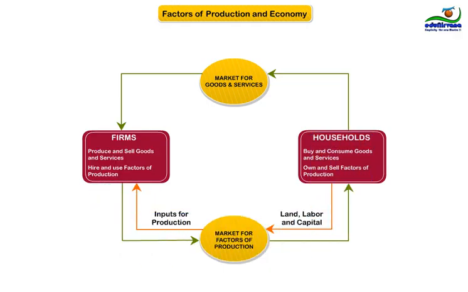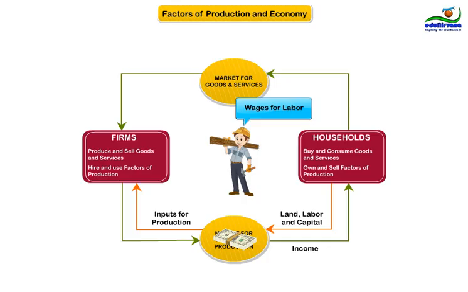The outer loop of the circular flow diagram represents the corresponding flow of dollars. The households spend money to buy goods and services from the firms. The firms use some of the revenue from these sales to pay for the factors of production, such as the wages of their workers.